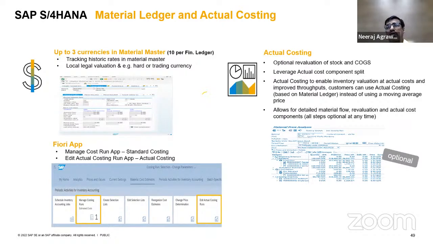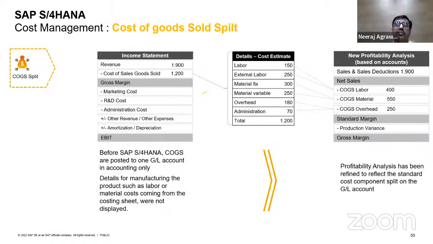Also with the actual costing, we have the actual cost component split, which is very beneficial, and you can have a very detailed split. Talking of that split, maybe this is an example that you can see where your cost of goods sold would be broken down further into labor, material, overheads, admin, and other things.